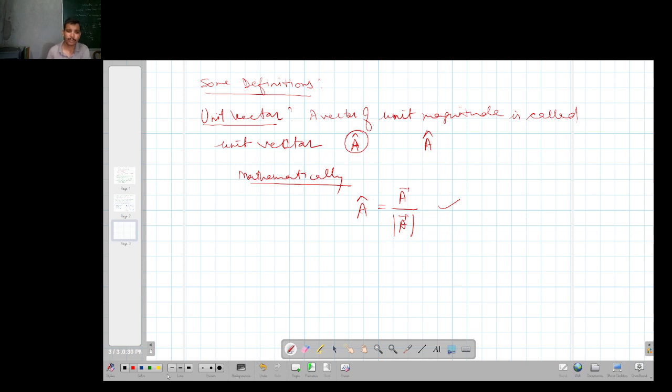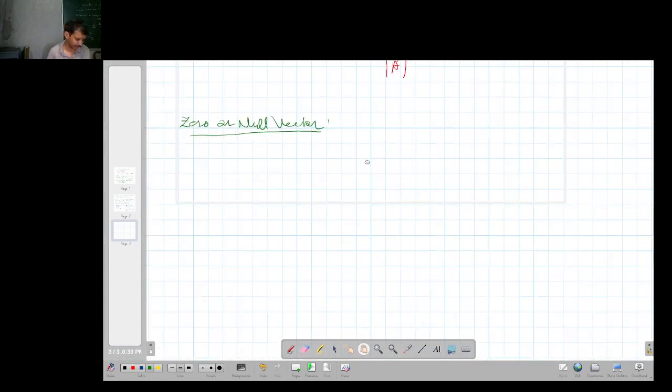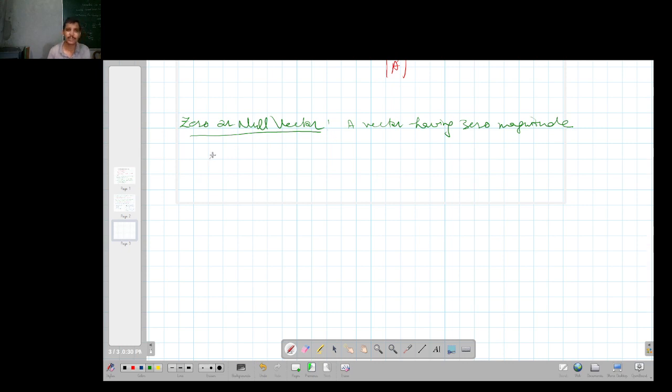Now let me talk about another vector that is known as the zero or null vector. A vector having zero magnitude is known as a zero vector.